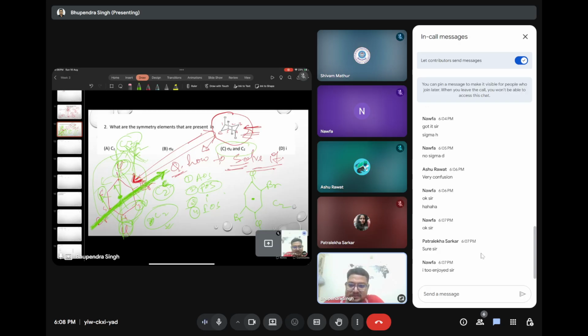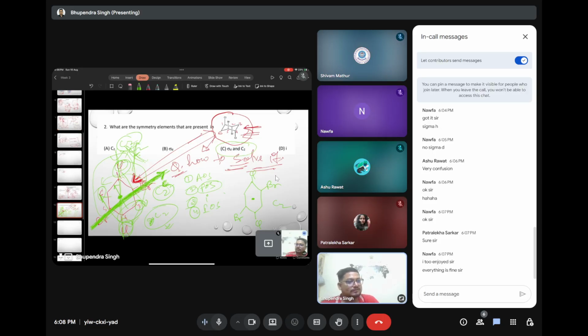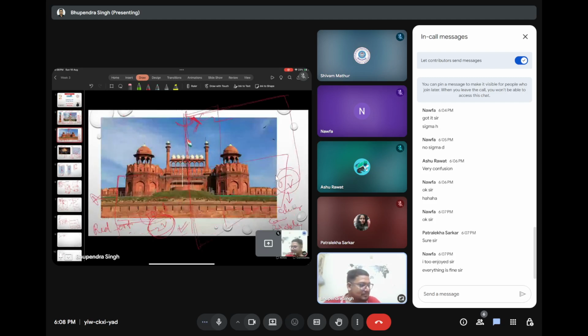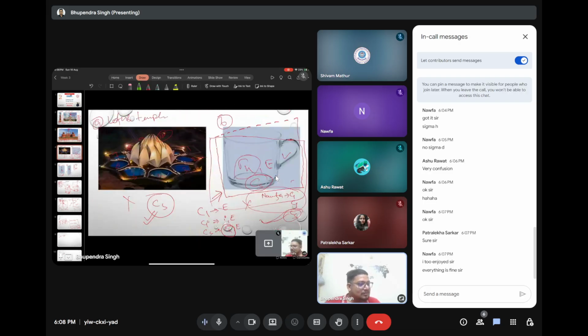Just suggestions. So in the next class I will consider those suggestions. Then it will be more interesting. I thought of doing this. While teaching, I also find it interesting. I'll solve this example. Lotus Temple also. This one I find very interesting.